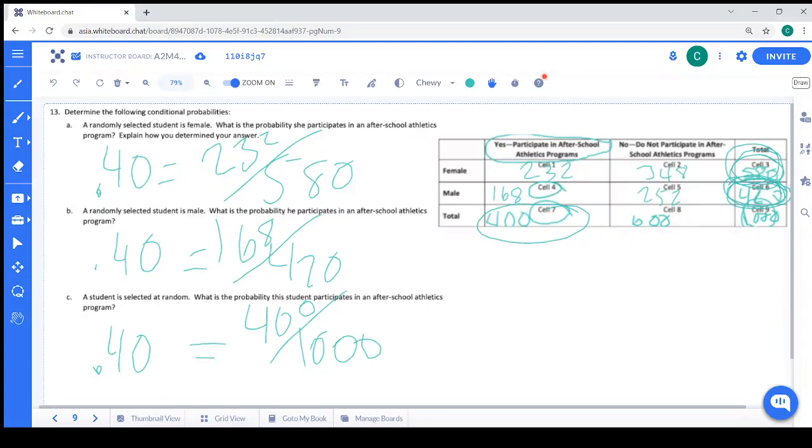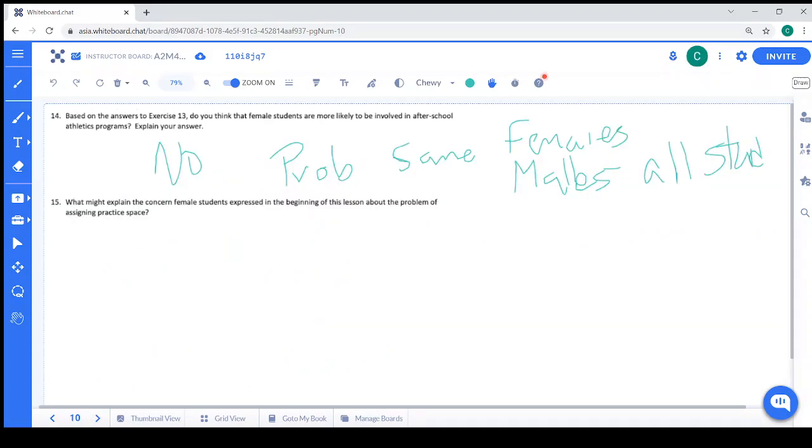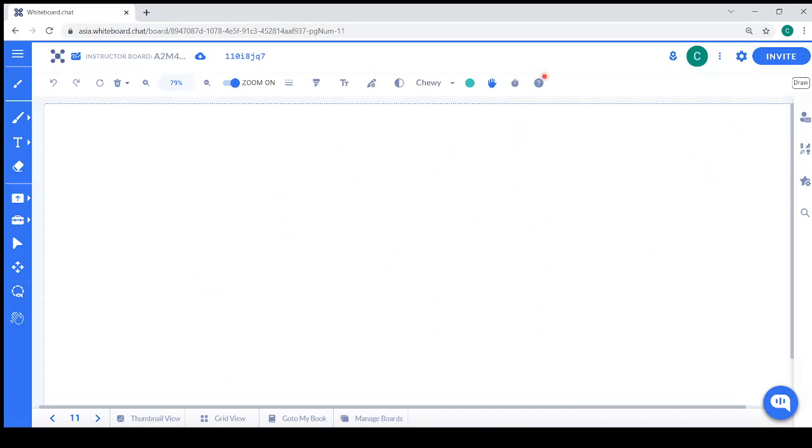So that would be the only way we could say, well, that's the reason why they said that they need more, is because when chosen, they had a greater number of female participants in the study. That's the reason why they may be able to come to that conclusion. Okay. And I think that's it.